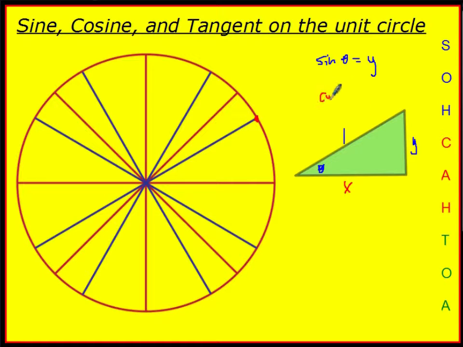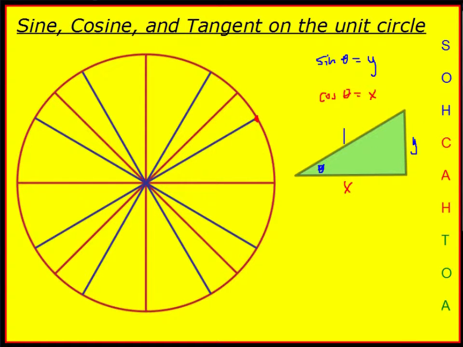So cosine of theta equals x over 1, which is just x. Works very nicely. If we know the x and y values, and we already do, we automatically know the sine and cosine values. We'll illustrate this in a second with an example.